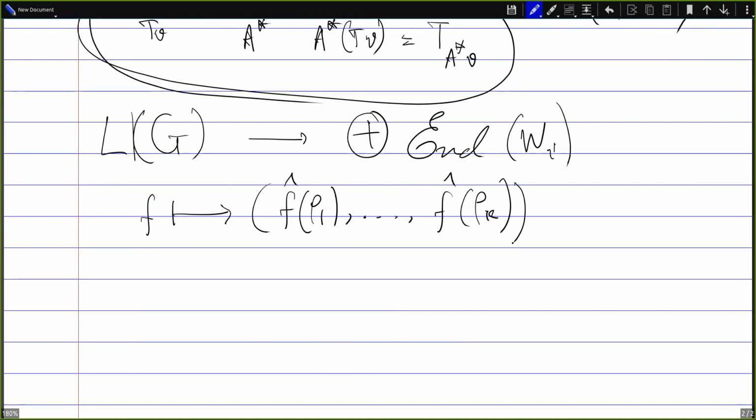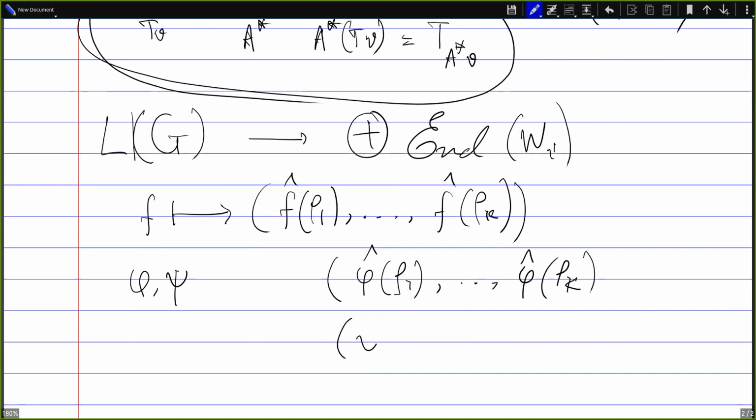The Plancherel formula is about inner products. Suppose we have two functions phi and psi in L(G). For phi, I have the tuple phi hat rho 1 up to phi hat rho k, and for psi I have the similar thing, psi hat rho 1 up to psi hat rho k.